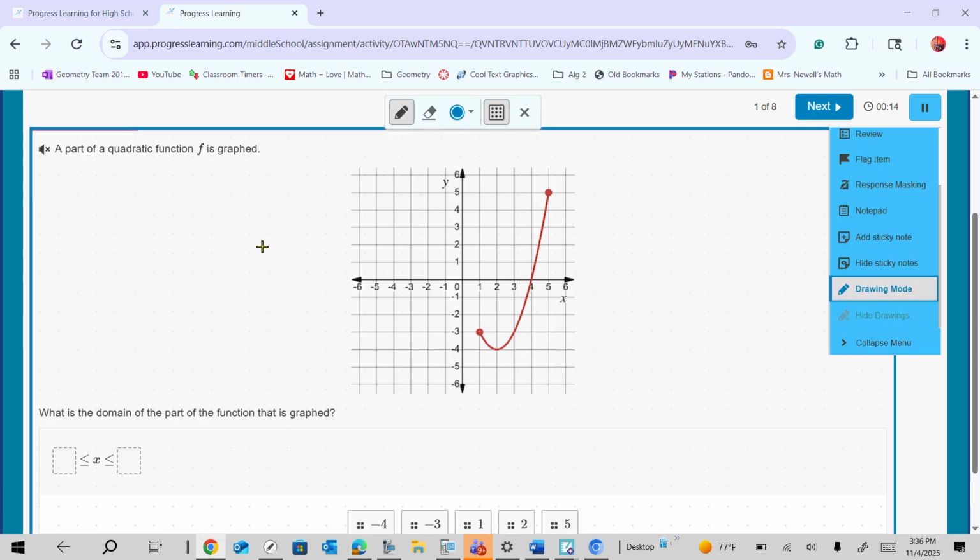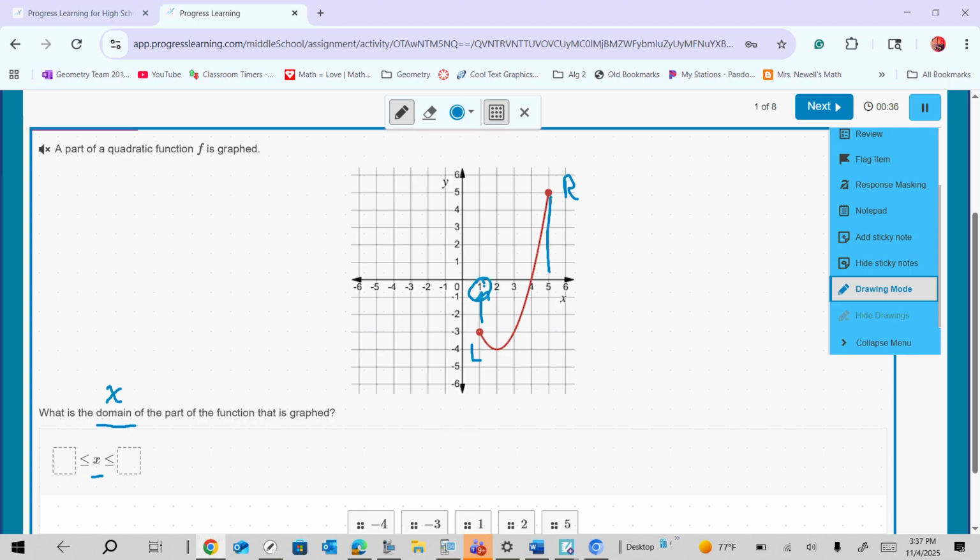Remember, you have that as an option. So the key here is domain, knowing that's an x value, which they've already shown in our inequality here. So when I'm doing domain, I'm scanning from the left to the right, but I have to look at the x values. I have to look up and see that x value.